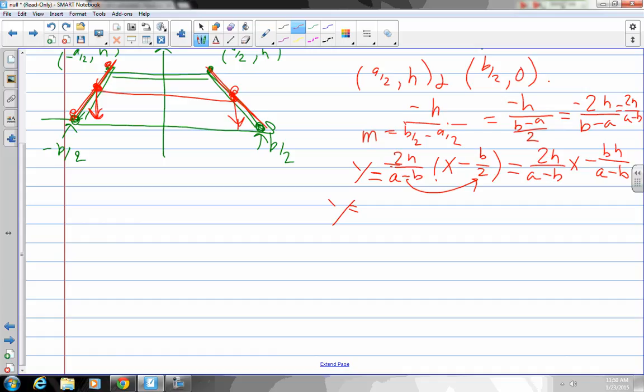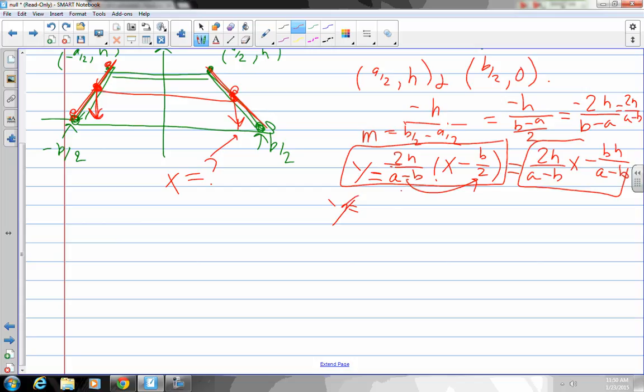I didn't know if I had to go that far, but what are we trying to do? We're trying to solve for x. We're trying to find this x value. So maybe there's an easier way of doing that. We got the equation of a line, but then I have to solve for x, right? It'll be easier if I solve for x from here without distributing. Do you agree with that? Because here I can just divide by the reciprocal.